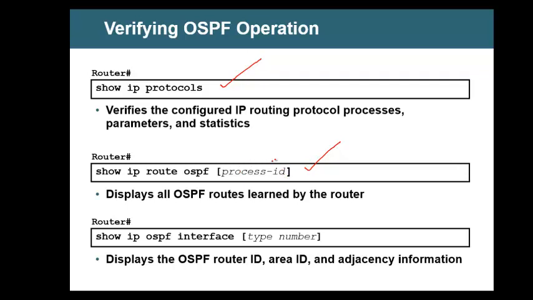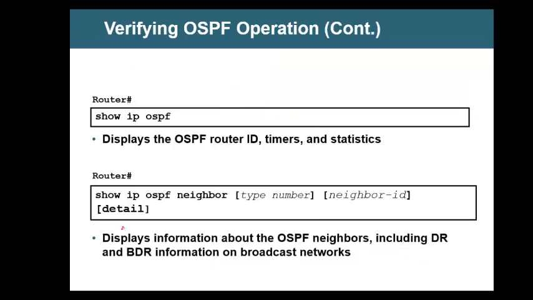Show ip ospf interface, and then the interface name, will show you what area that OSPF interface belongs to, what router ID it uses, how many adjacencies it has made, all that info. Show ip ospf neighbor will show you those neighbors that are established. These are all sample outputs.